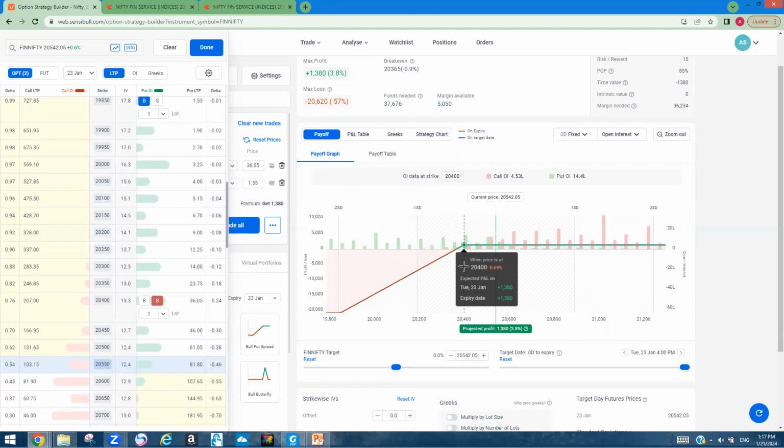A 150 point fall in Finnifty normally translates to a 75 rupees increase in the money put. So if I put a 30-40 rupees stop loss also, then I still have a good chance of making money, because there is a very rare chance this put might go from 36 to 70 rupees, because this is already out of the money.